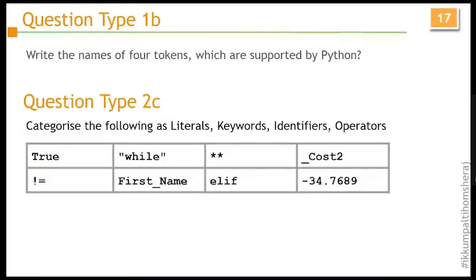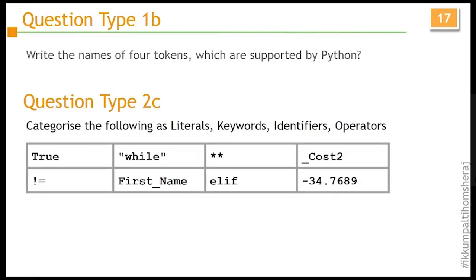Now, we can have questions like, write the names of 4 tokens. We specify how many tokens, because if it is going to be a 2-mark question, we should have justified marks for that. If we specify, write the names of any 4 tokens which are supported by Python, it will be better than simply writing, write names of tokens.